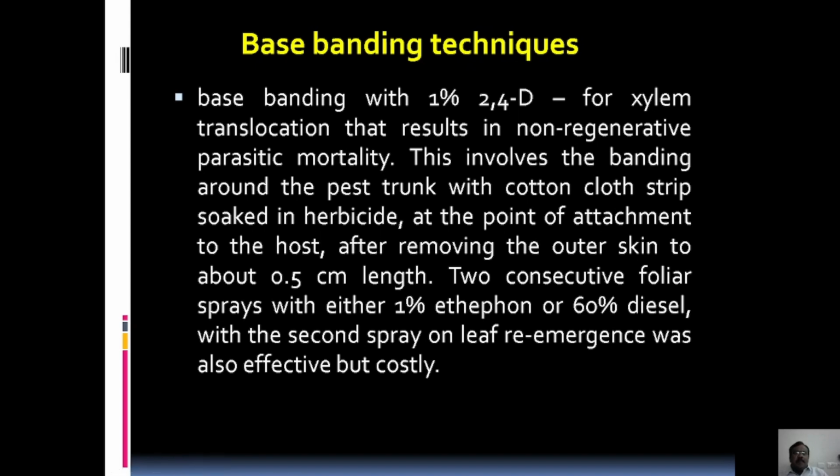It involves banding at the base of infected branches with the 2,4-D, which has to be applied after removing the outer skin just below the point of parasitic relationship established by the Loranthus, followed by 2 consecutive foliar sprayings with 1% ethanol or 60% diesel, with the second spray of 60% diesel also helpful in reducing the re-emergence.